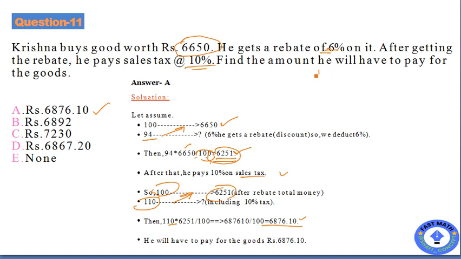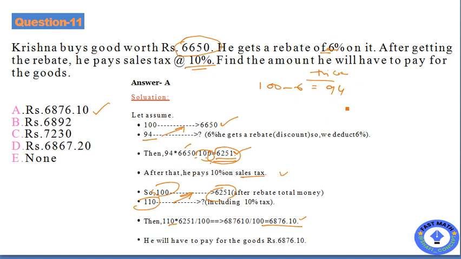I am going to the tricky method. In this, just note down. Initially he has given 100%. You have deducted 6%. It becomes nothing but 94. 94 is the percentage at which he got the goods.